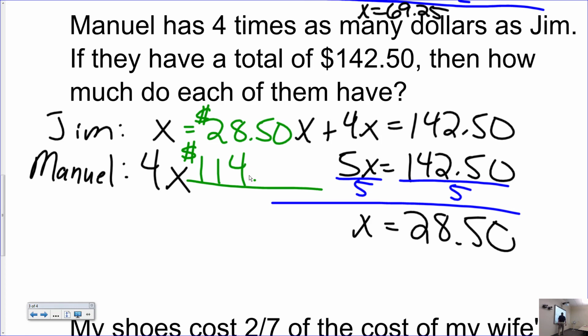How'd you get 114? Because 28.50 times 4. That's what 4 times as much means. So multiply by 4, you get 114. And what are you going to do with those two numbers to do your quick check? Add them. Make sure they add up to 142.50. Okay? Not too bad? Alright, there were definitely variations of the theme on this in the homework.